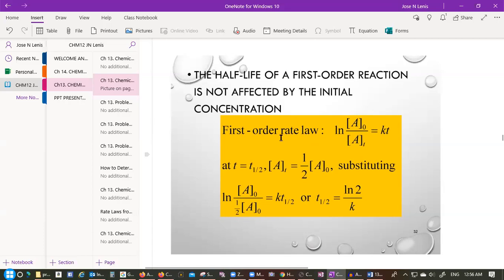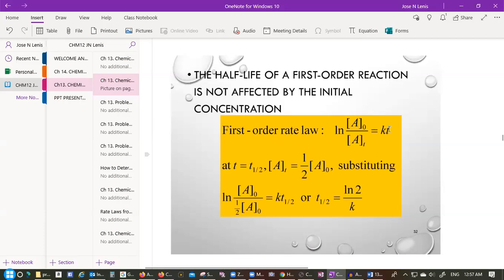We can find from here the half-life, because now we can say at time t, we are going to find concentrations for half-life. So let's assume this is going to be our half-life.